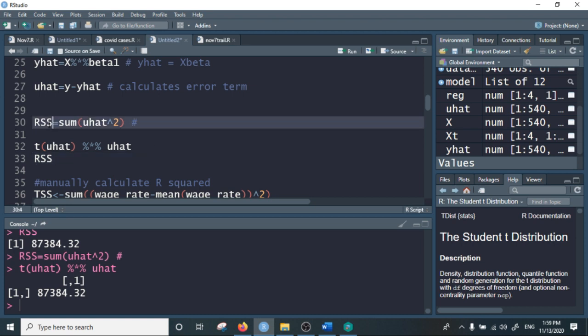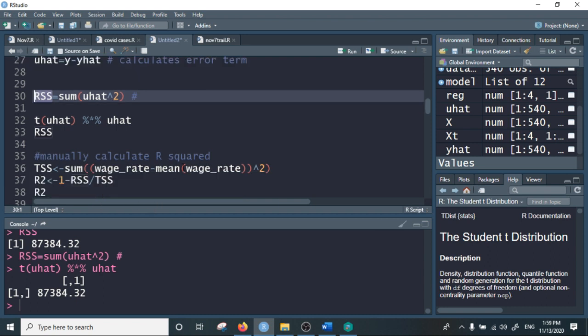So this residual sum of square will be further used while calculating R square manually, and it will also be used while calculating the variance covariance matrix and the standard error of the regression line or standard error of the error term.